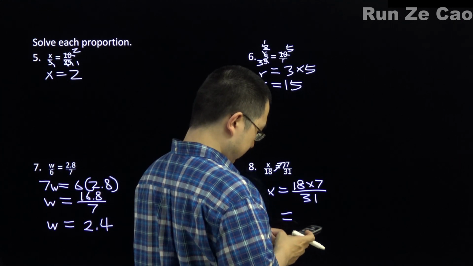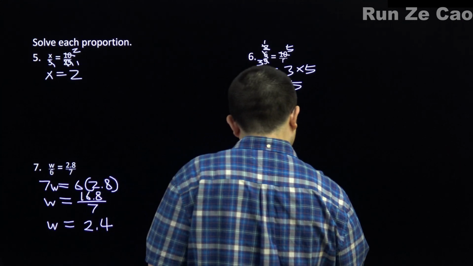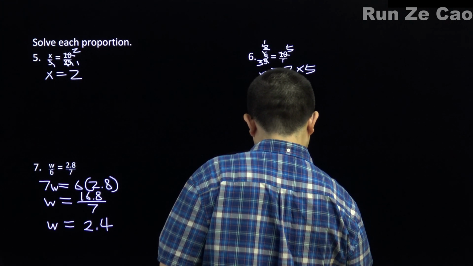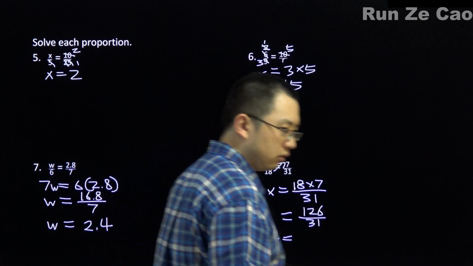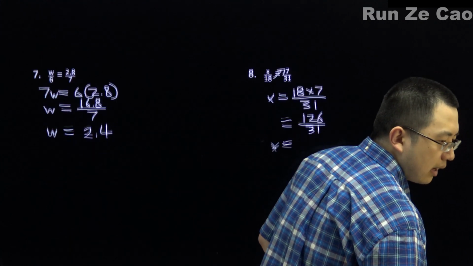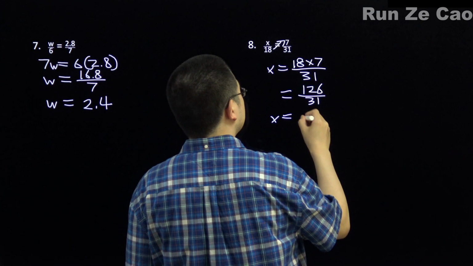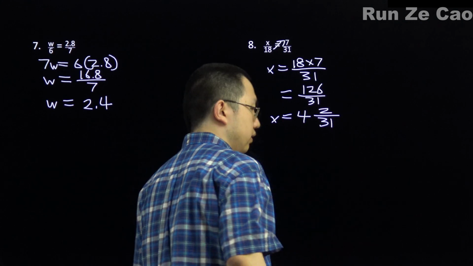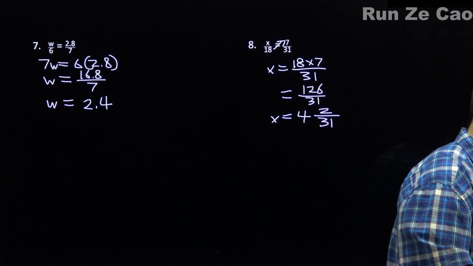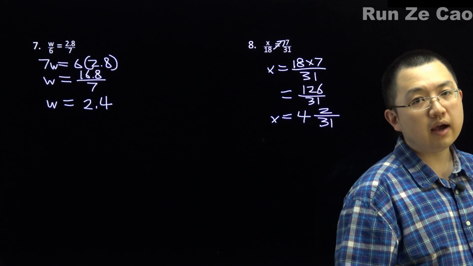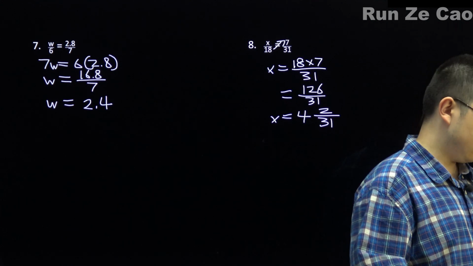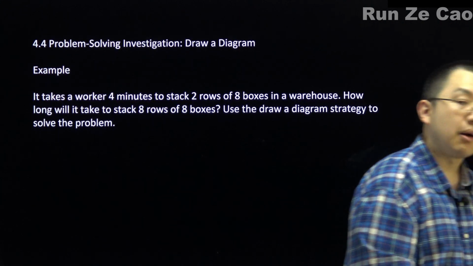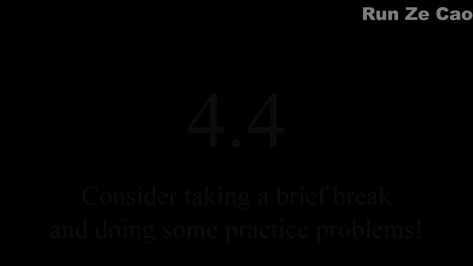So 18 times 7 is 126 over 31, which means that x is equal to 4, since 4 times 31 is 124, so 4 and 2 over 31. It's possible to have a fraction as a numerator or even as a denominator, so that's not a problem. It doesn't need to be a whole number.